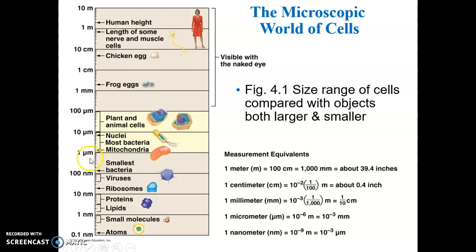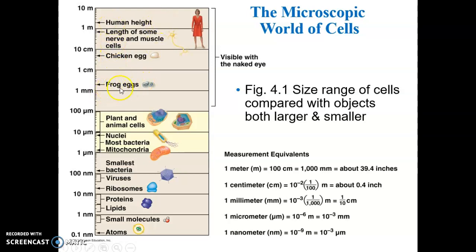So this is 1 micron here, and that's 10 microns. So the nucleus of eukaryotic cells is close to 10 microns in size. You're not going to have to remember these units or sizes, but just appreciate how small some things are, and how big certain other structures or organisms are.